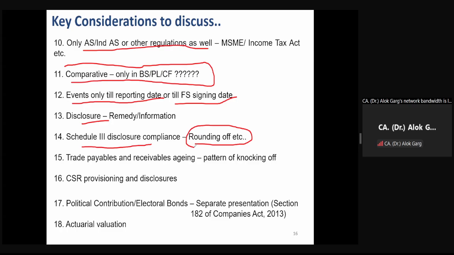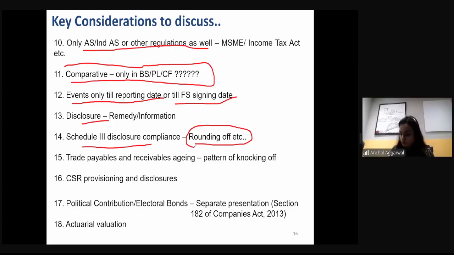The threshold of rounding off depends on the total income, not on the turnover. So in many cases, there were non-compliances where the turnover was taken first of all. What is the difference between turnover and total income?